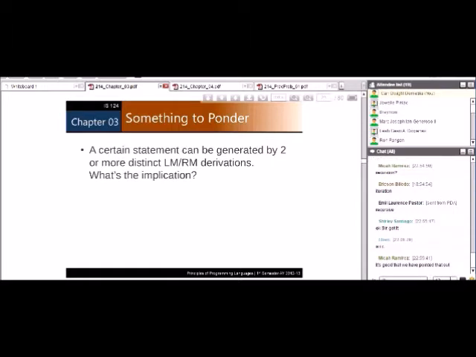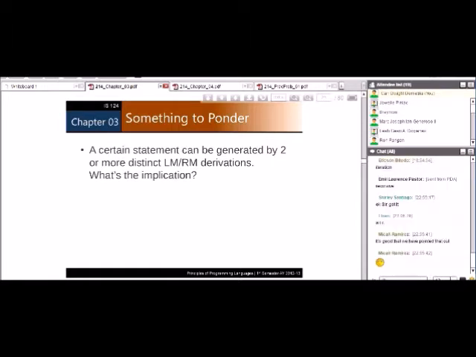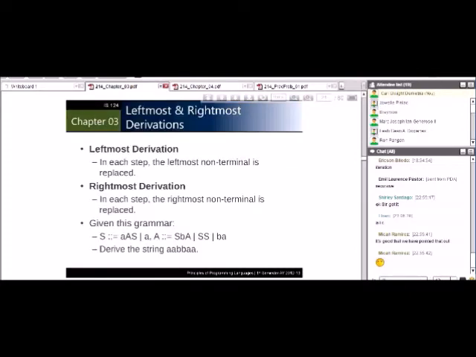Alright, something to ponder. A certain statement is generated by two or more distinct leftmost derivation or rightmost derivation. Before I ask this question, do you know what leftmost derivation and rightmost derivation mean? Ano ibig sabihin nilang dalawa?